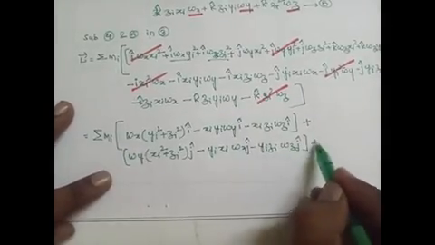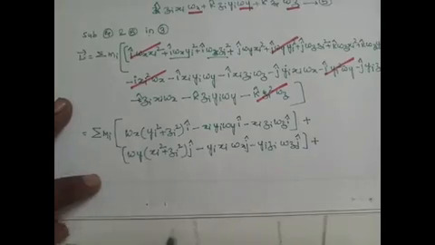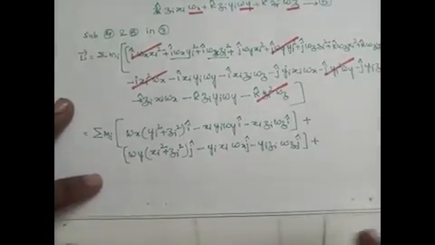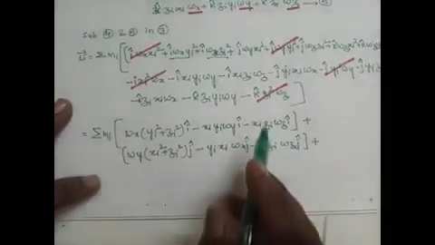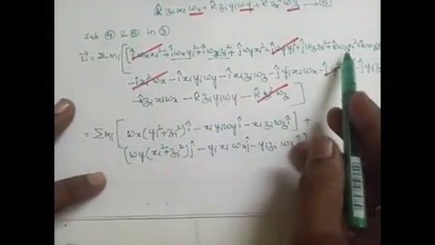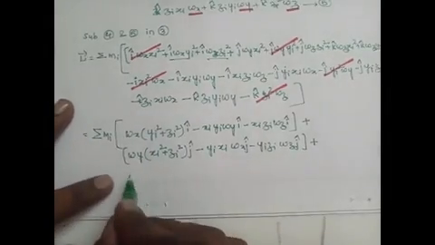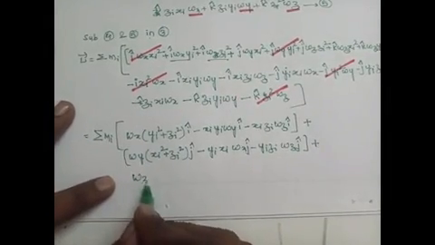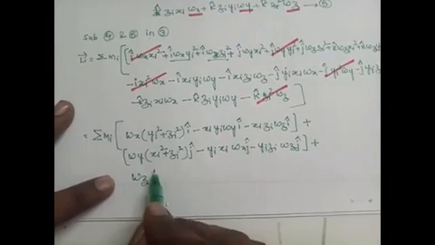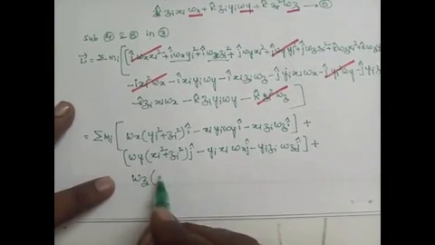And plus, kth components. Where are the kth components? See here, this one, and omega z common, and k cap common. What we get there?